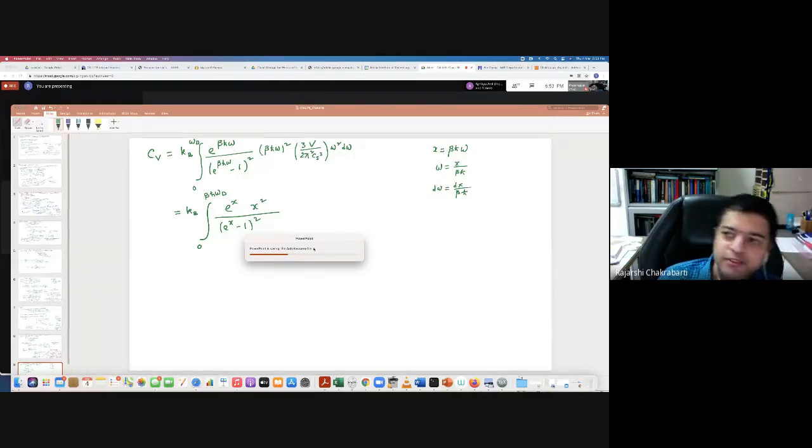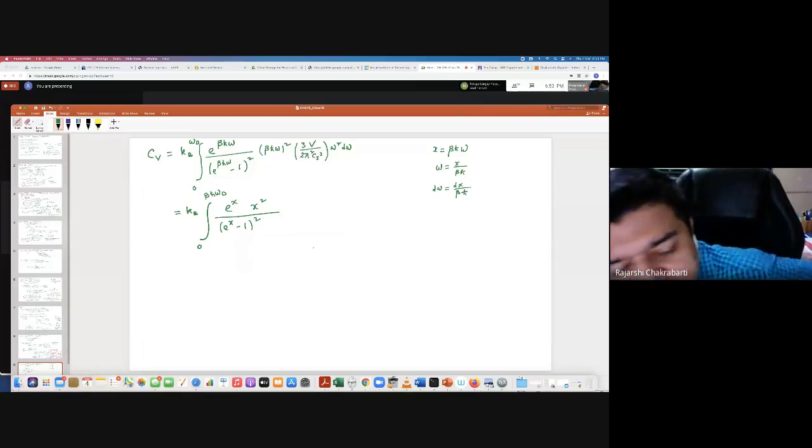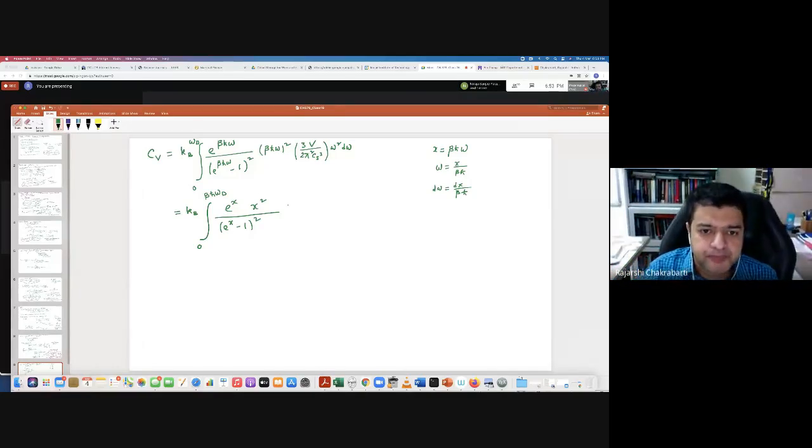It will be 3v by pi square cs cube, and omega square d omega becomes x square by beta h cross whole square, then dx by beta h cross.